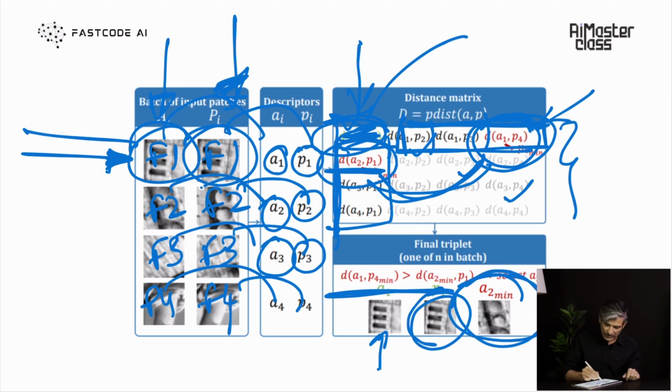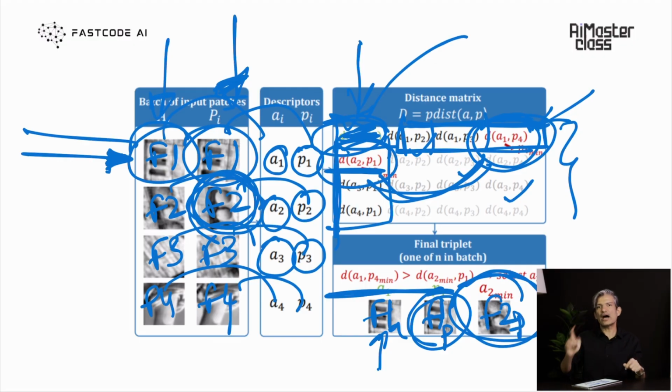So it becomes the F1 anchor, F1 positive, and then this another F2 positive. So from that batch, I found which is the most difficult for my current triplet, and then I form a triplet based on that.